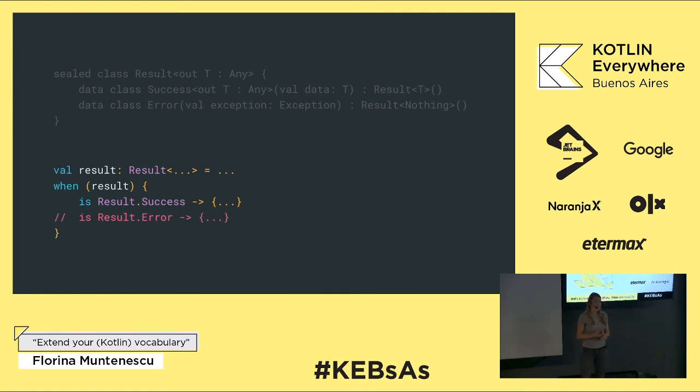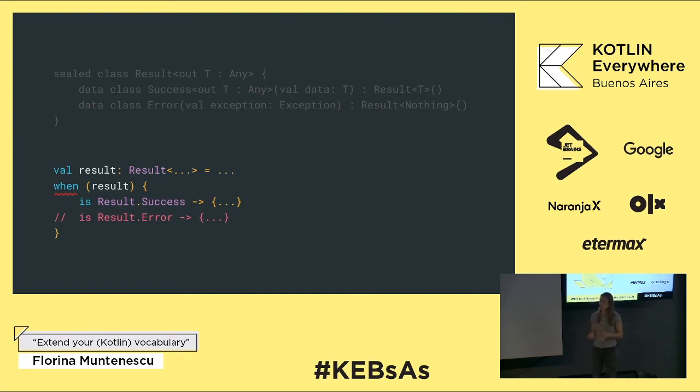Or what if someone else adds another branch, let's say an in progress to a result, and then you forget to check all of the places where your result is being used? For those kinds of cases, you would have to rely on your memory or on your search skills, but I think it's better if you rely on the compiler, and we have this enforced by the compiler.